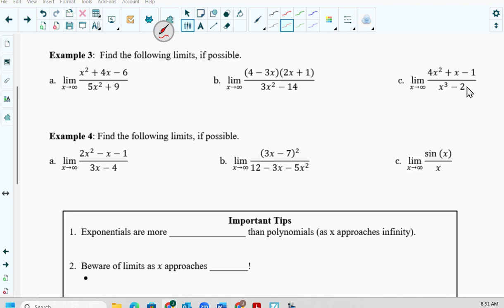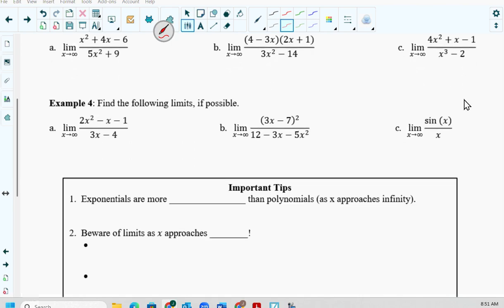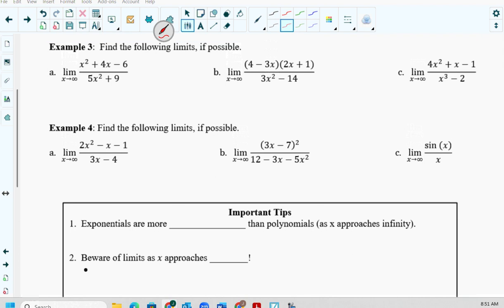Yep, try A, B, and C on basically do example 3. All right, guys, letter A. We should be thinking about only this x squared over 5x squared. So what did you guys get when you plugged in? 1/5. Yes.